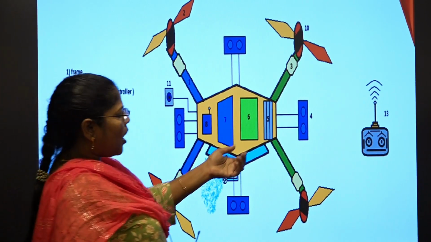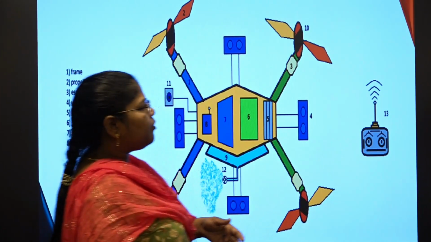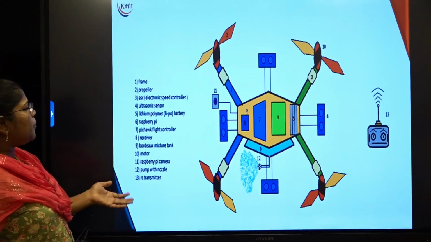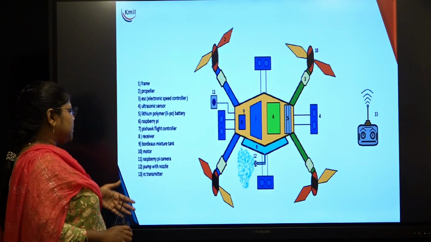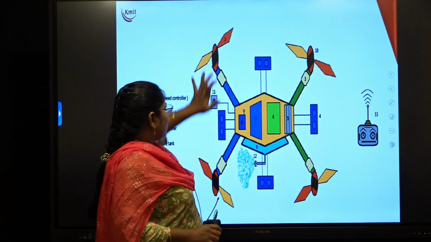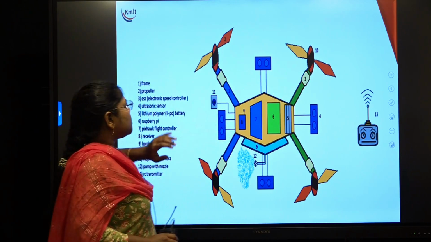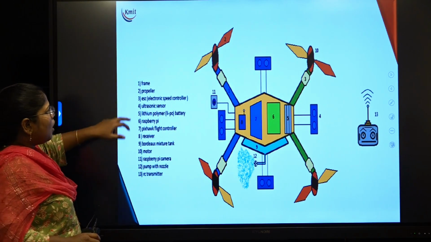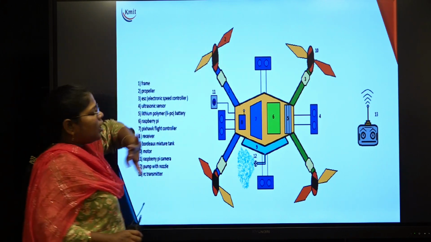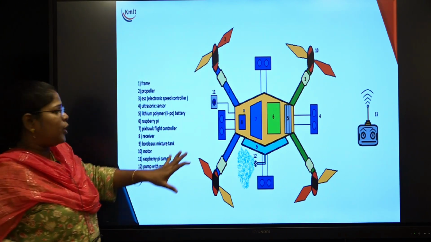Using the RC transmitter we send a signal from the remote to the drone, so that we can control the total system. We have 4 motors. The 4 motors are responsible for rotating the propellers, which change the direction of the drone.